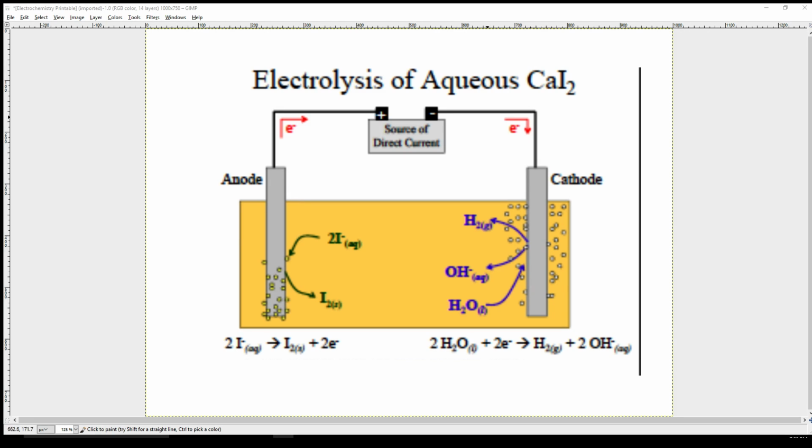Here is our aqueous calcium iodide. Based off of our last set of questions, the iodide is being oxidized. It's losing electrons. And the water here is being reduced.